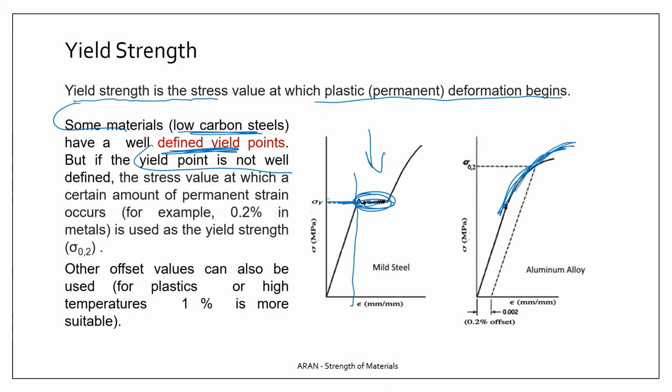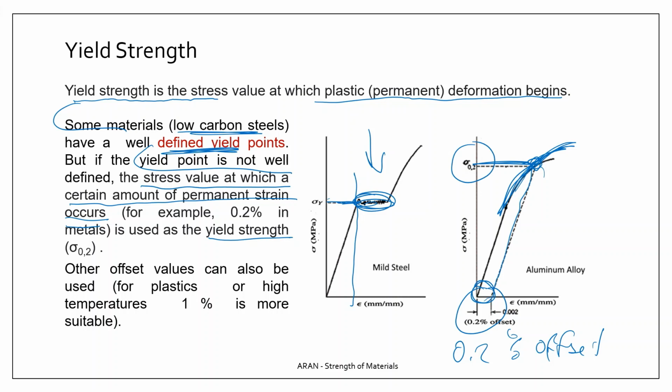For this, the stress value at which a certain amount of permanent deformation occurs is called the yield strength. Especially for metals, we take the 0.2% offset. And what does it mean? The value of stress at which a permanent deformation of 0.2% occurs is called the yield strength of the material.